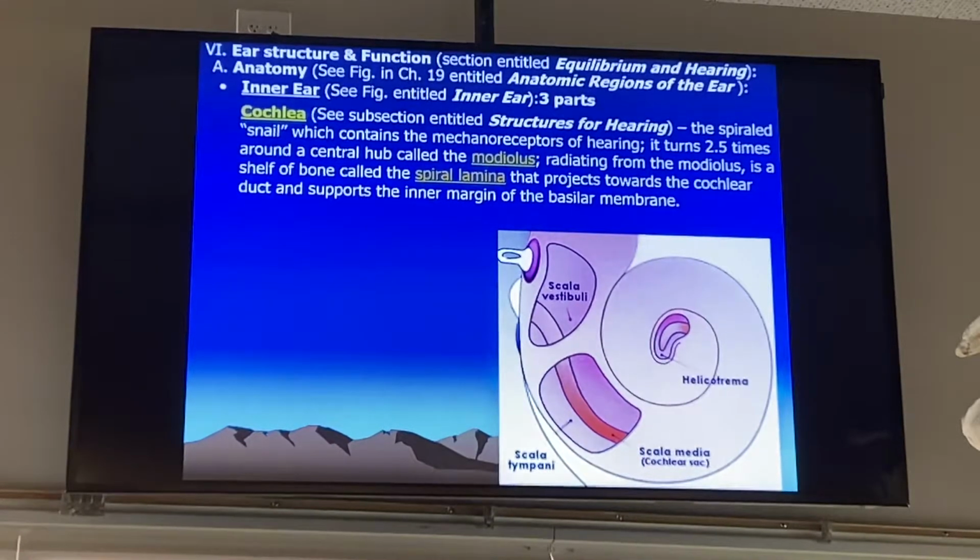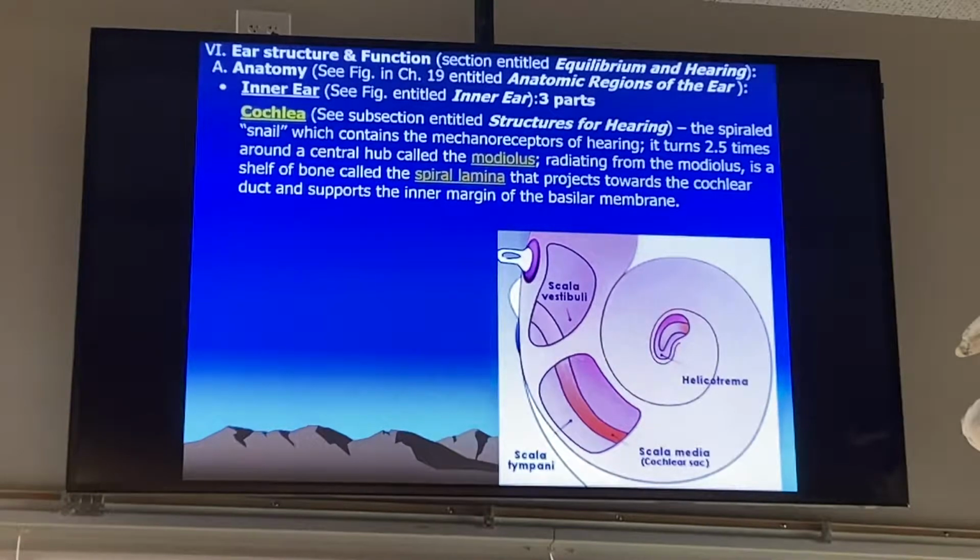And the cilia for those hair cells are embedded in this jelly-like patio roof we call the tectorial membrane.